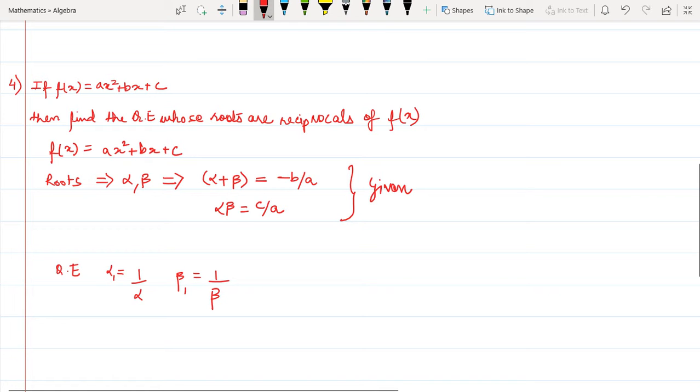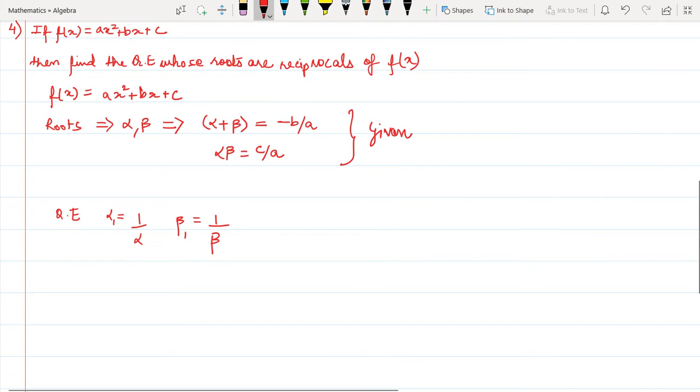Now you see in this new quadratic equation, the sum of the roots, alpha 1 plus beta 1, is equal to 1 upon alpha plus 1 upon beta, which becomes alpha plus beta upon alpha beta.